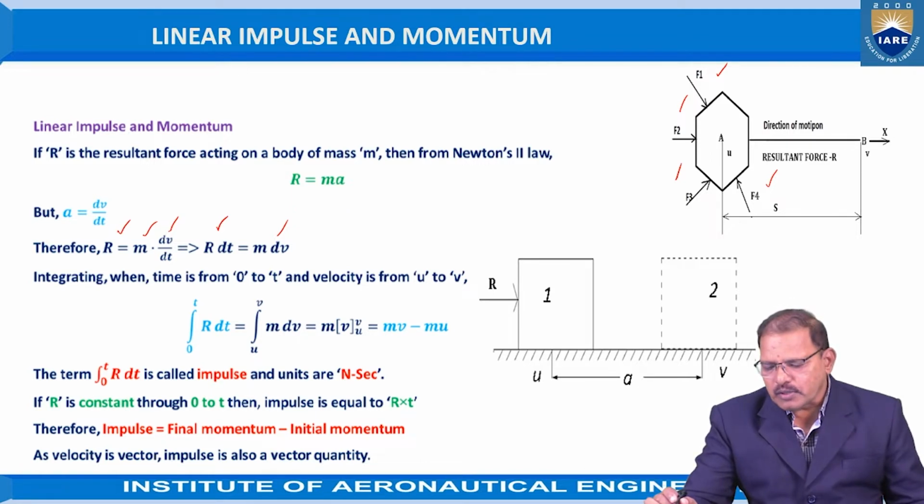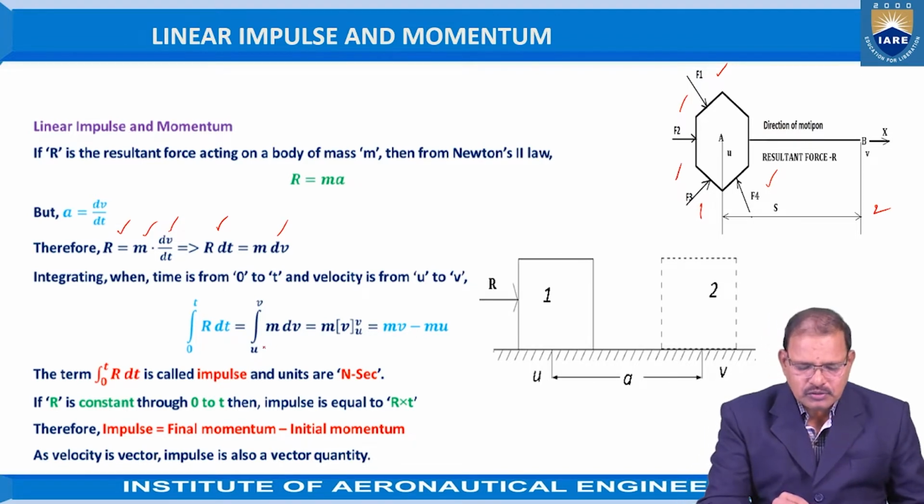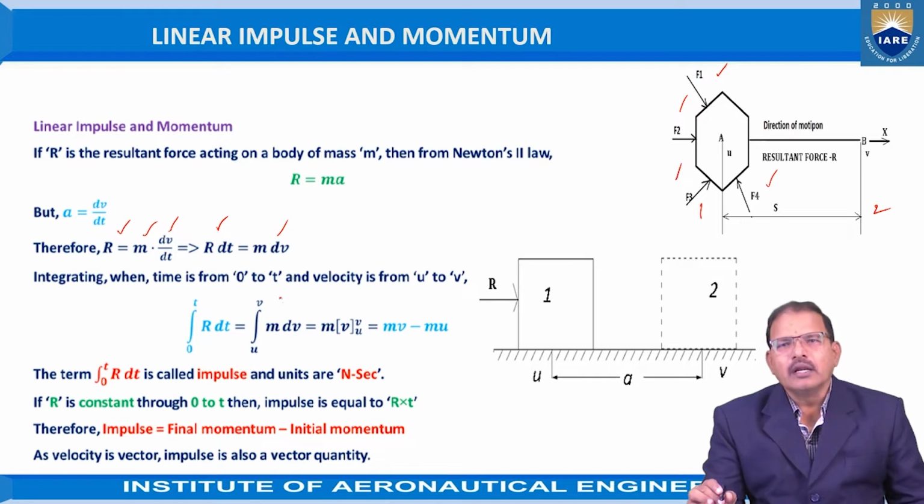Since we are considering the motion of the body from the first position to the second position, at which it has initial velocity u, final velocity v after time t seconds, and the distance covered is s, the total change in momentum is given by integrating from the limits u to v, and R into dt is integrated from 0 to t seconds.